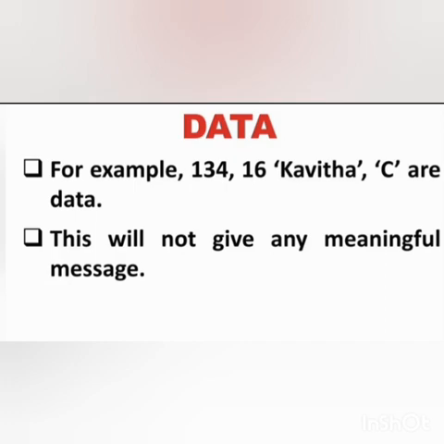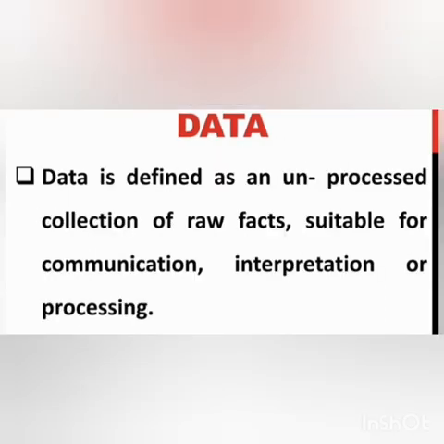Next, 16 is also a number and C is an alphabet. So this is called data. This will not give any meaningful message. We need to process these data to get a meaningful output.